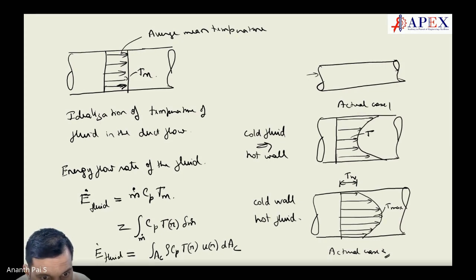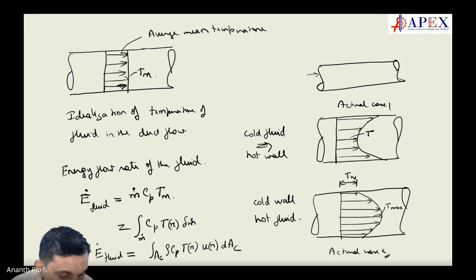Now what we have to write? M dot Cp, is it not? So we have to divide this by m dot Cp. We get Tm, T mean. I hope you understand. Delta m dot is rho into u of r into dA c. Correct? Getting the point? I'll repeat that tomorrow again.